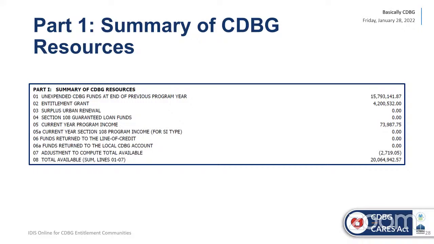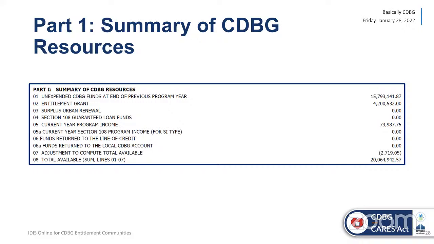We do require grantees to report program income as you receive it. So you probably want to establish some timeline to report program income in IDIS, like monthly. This section will accumulate all the resources you have for the program year.